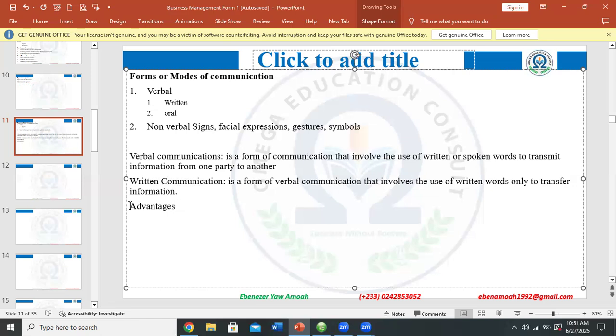Professors, I'm sure you would have used this form or mode of communication before, and what are some of the advantages? You might have written a letter. You might have typed some words on WhatsApp, right? You might have sent an email. Okay, if you don't do the manual writing, you might have typed, but you are still using written words.